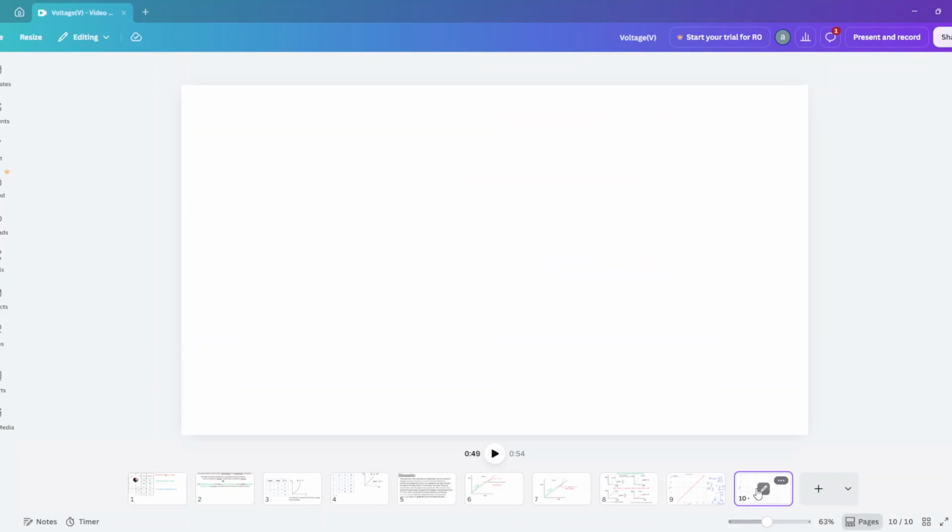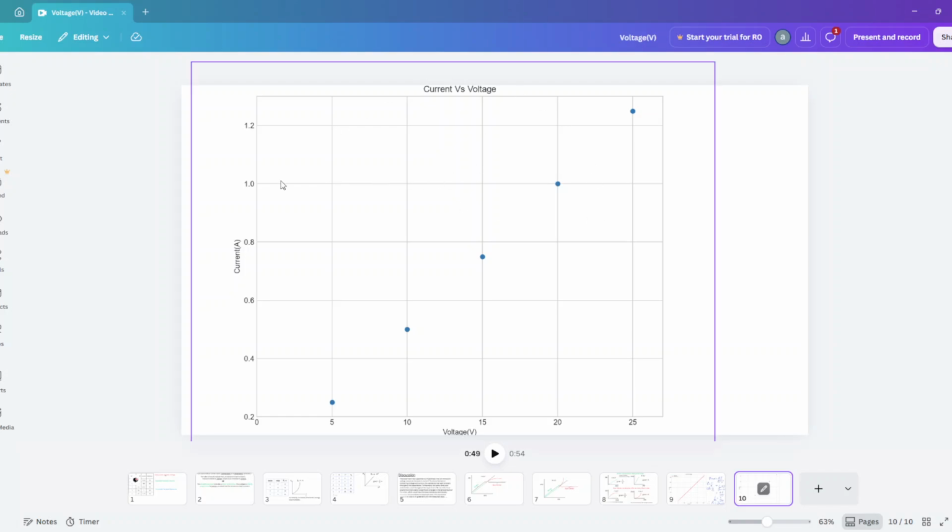Where is it? It's here. So this is my scatter plot. These are the points: when the voltage is 5 volts, I have 0.25 here, and when it's 10 it's 0.5, when it's 15 it's 0.75, when it's 20 it's 1, and when it's 25 volts it's 1.25.